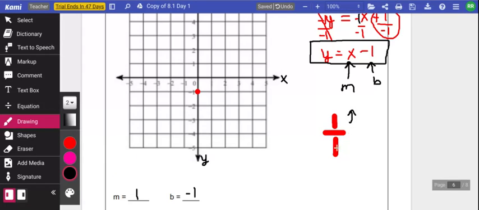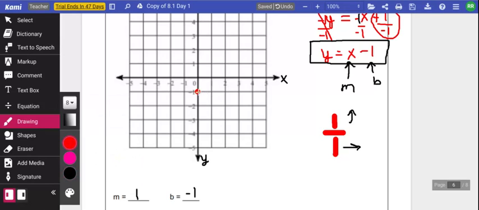And on the bottom, this number tells me to go left or right. If it's positive, I'll go right. If it's negative, I will go left. Because it's positive 1, I will go right 1. So from b, I'm going to go up 1, right 1, up 1, right 1, up 1, right 1. And that's how I make my additional dots.